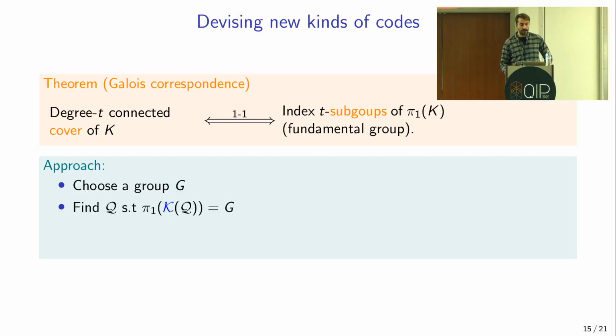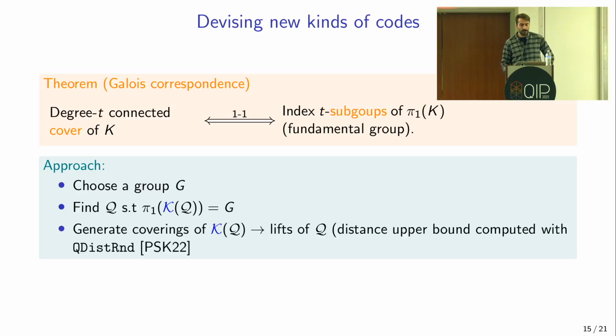And we will find a quantum code such that the fundamental group of the Tanner-Cohn complex of this code is equal to this chosen group, G. And by this Galois correspondence, we know that there exist some lifts because we have chosen this group to have many subgroups. And so we will generate covering spaces of the Tanner-Cohn complex, which means we will create lifts of Q. And then we will compute an upper bound for the distance using the algorithm QDistRnd of Leonid Pryadko.